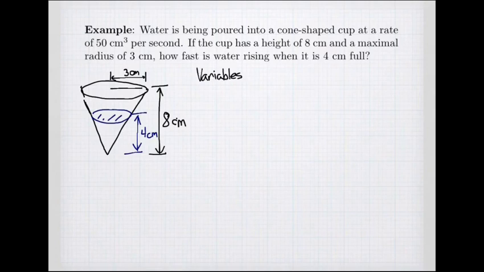When considering the water, there are 3 basic measurements we can consider. We could have our total volume, we have the height of our water, and there's the radius at the top of the cup, so the radius of the water. So let's go identify each of these. We'll color them in red. So my radius is the distance from the center of the cone to the edge of the water.